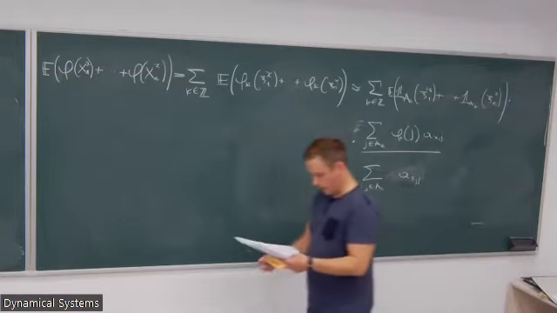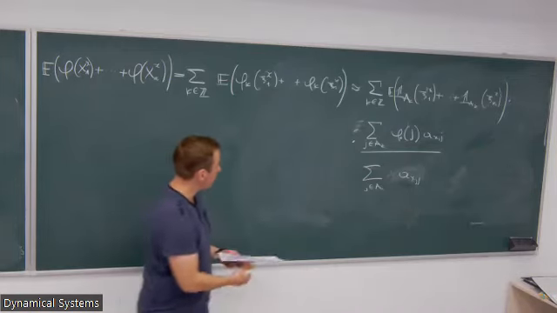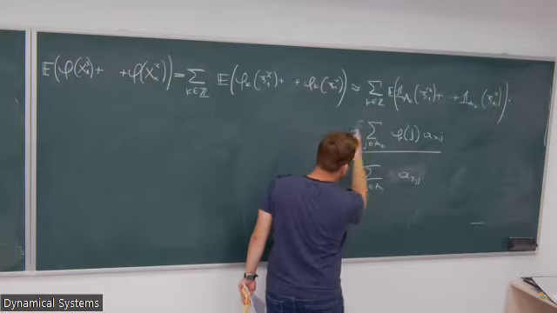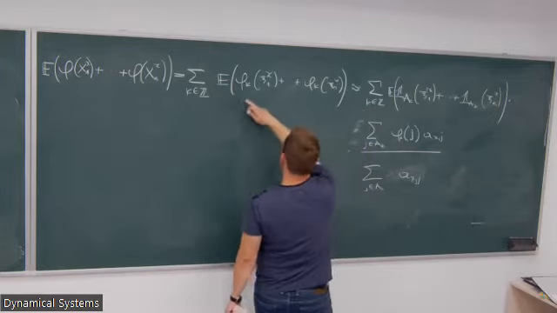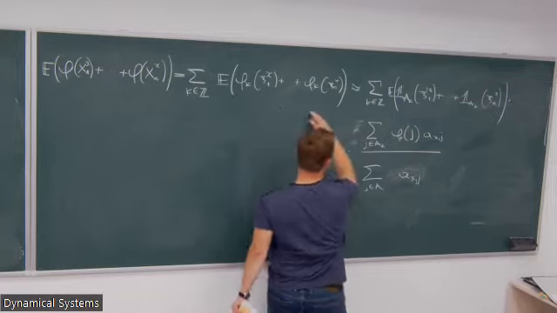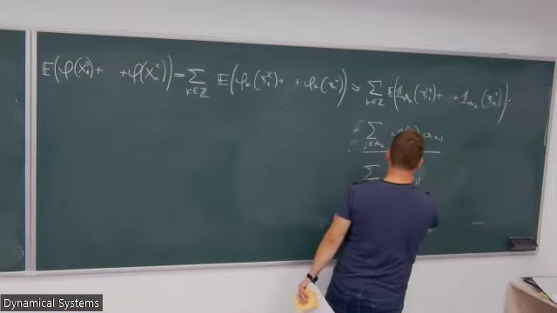I claim that using the ratio limit theorem, you can easily deduce that for k big, at least for k big, this behaves like this.